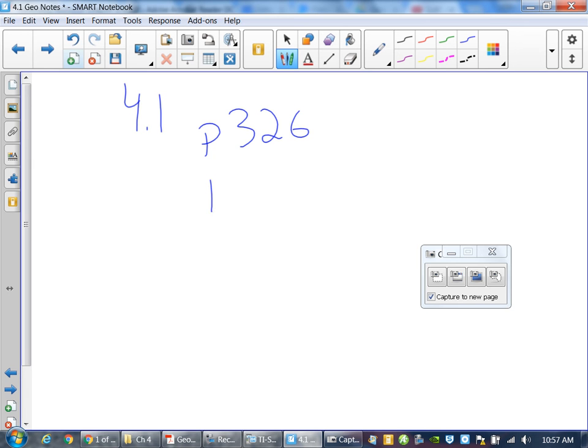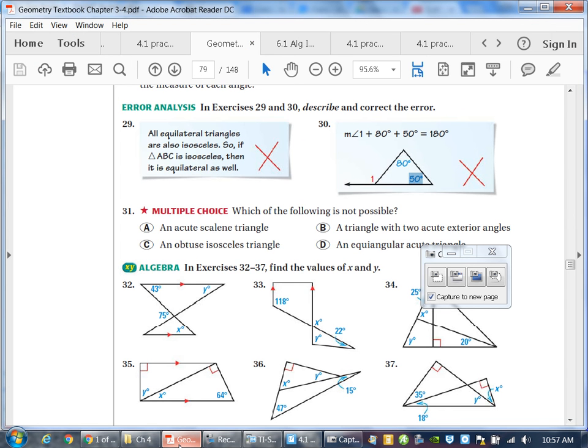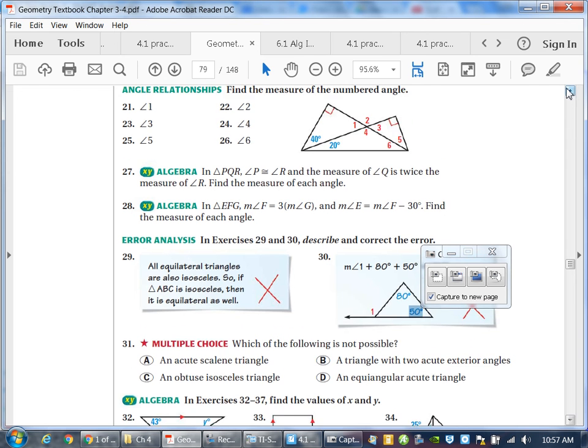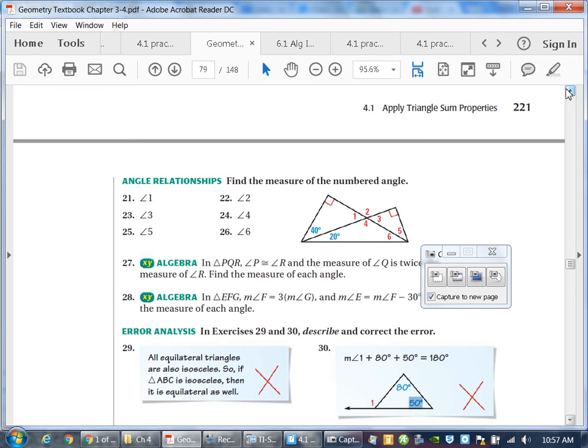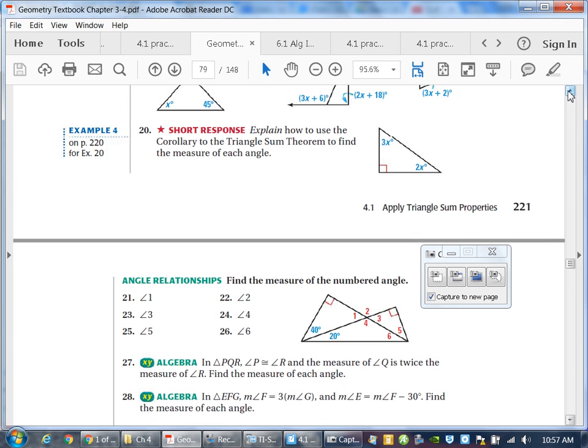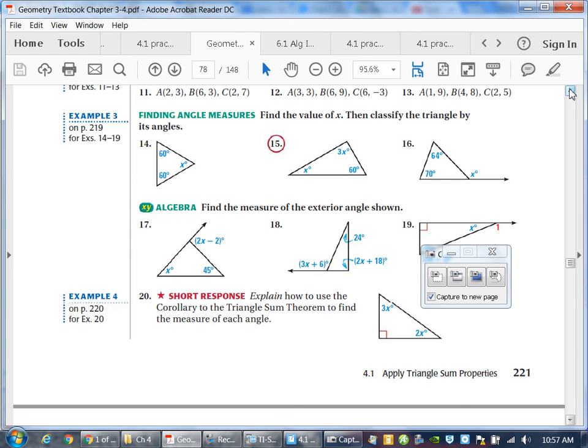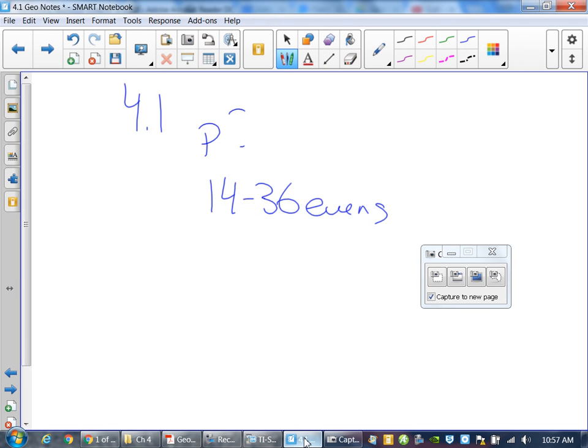I'll check the page. I don't remember if it was 326 or 221. I was way off. Oh, I guess that's a little much. All right, go ahead and get started on that now, guys.